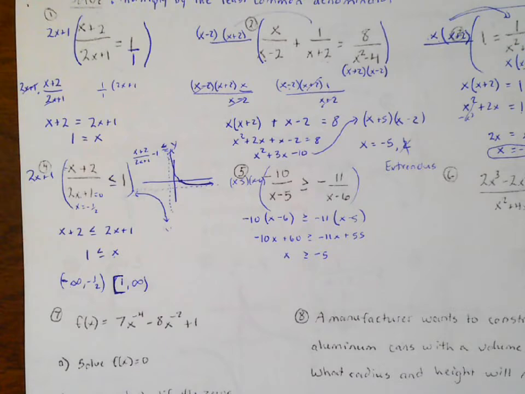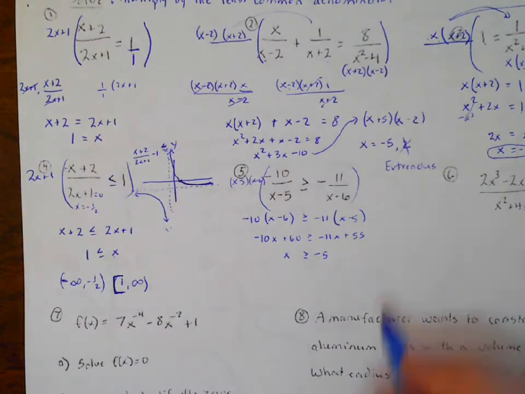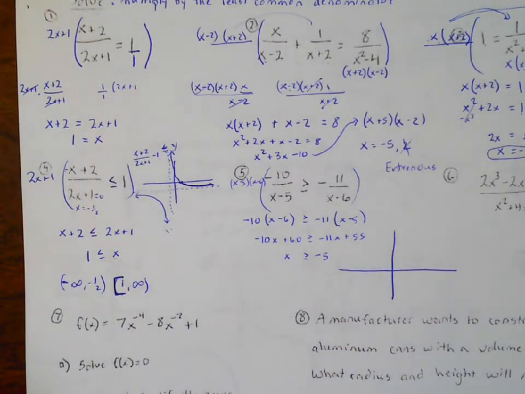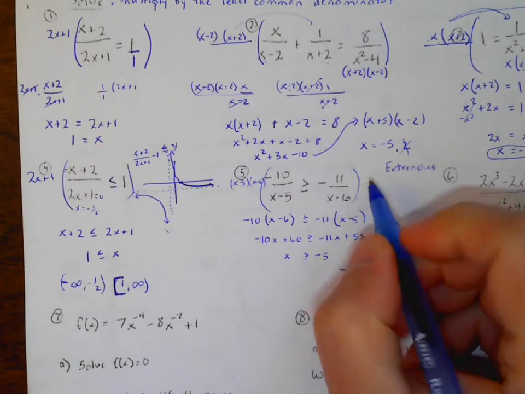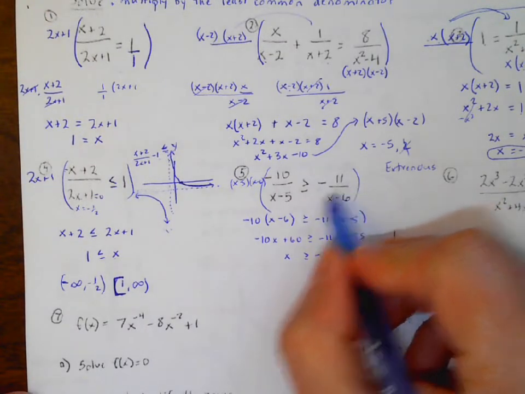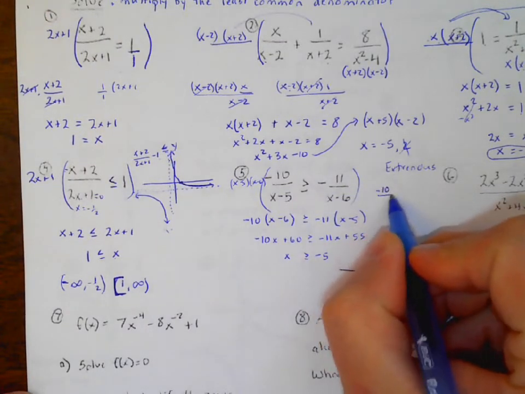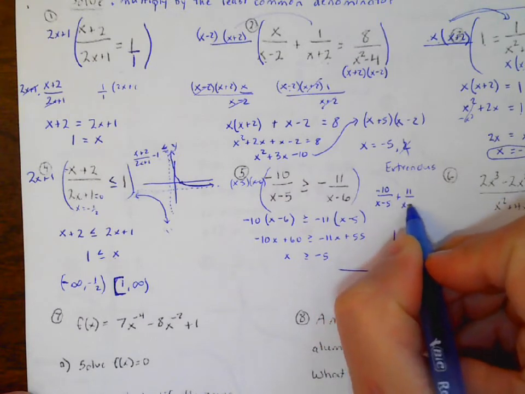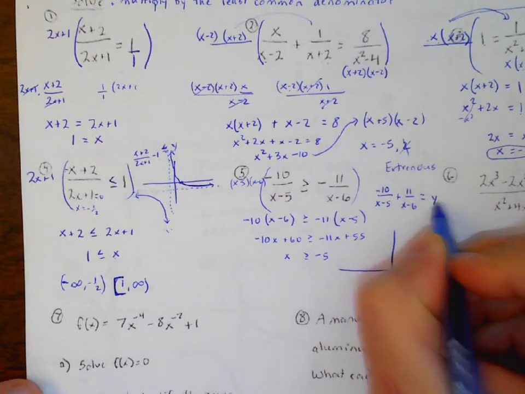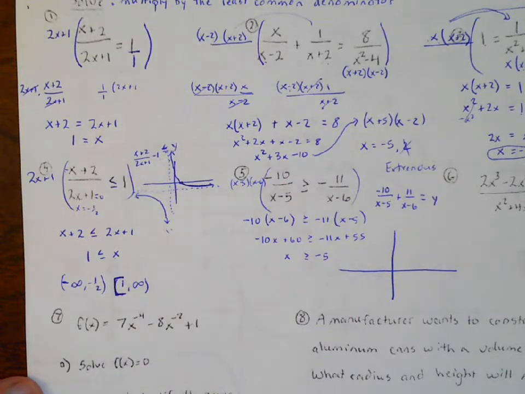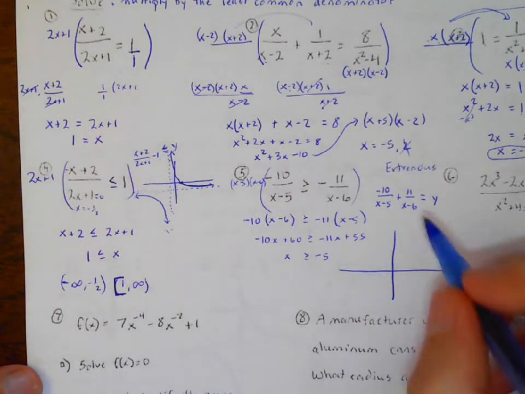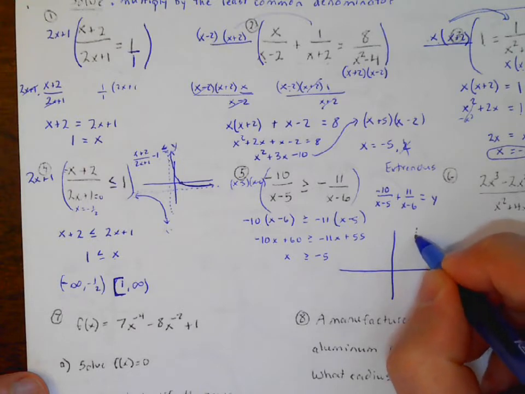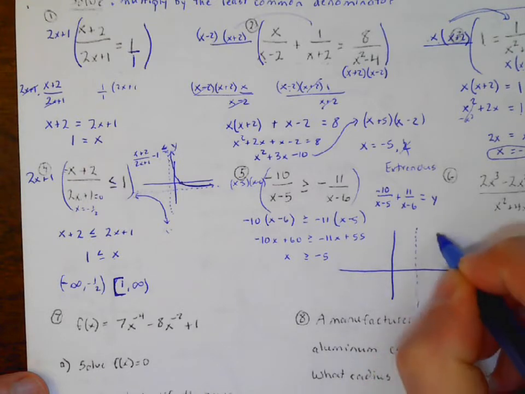Now, we always want to get a graph of these too. Let's think about what the graph's going to look like. This is how I would graph it. I would take this and take this over, so negative 10 over x minus 5 plus 11 over x minus 6 equals y, or equals 0. When you look at that graph, I know my asymptotes are going to be at 5 and at 6.